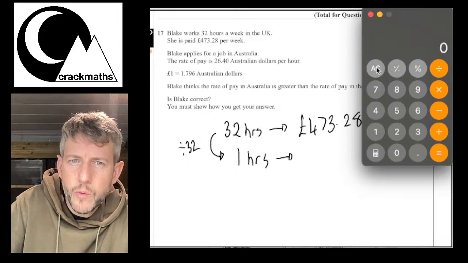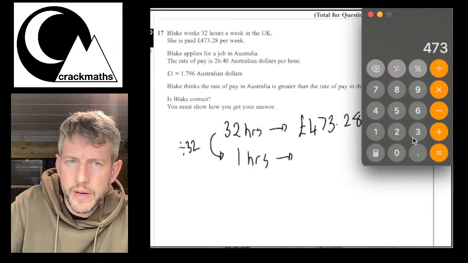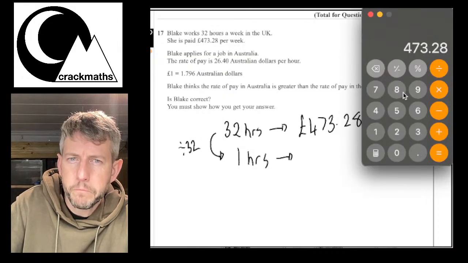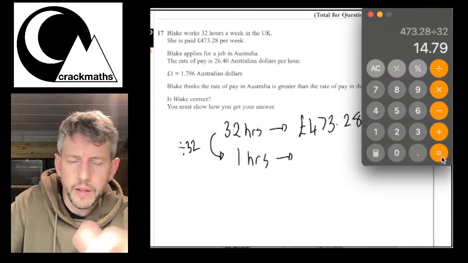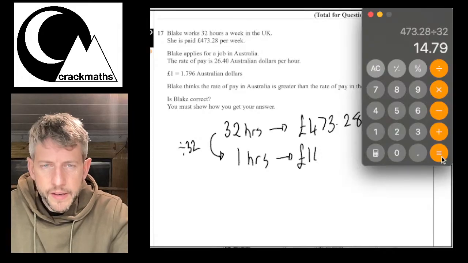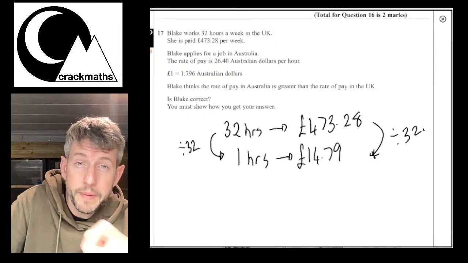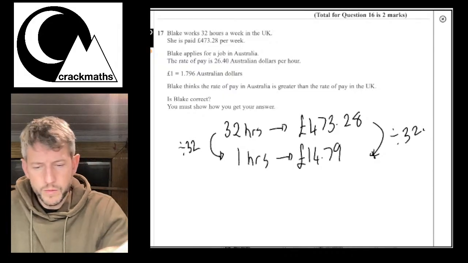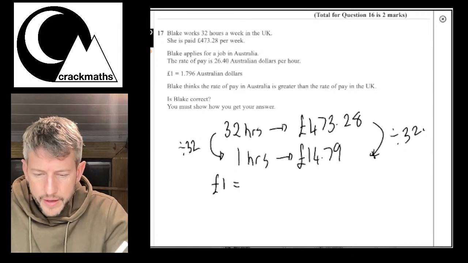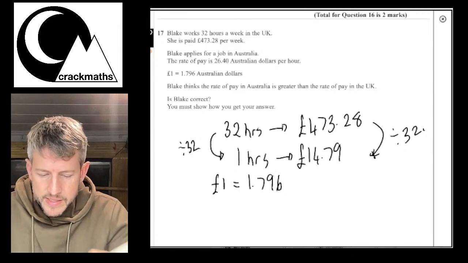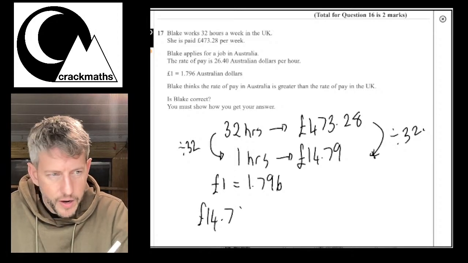Okay, so we have 473.28 divided by 32. So this is 14.79. Blake earns £14.79 per hour. So if we know that £1 equals 1.796 Australian dollars, we need 14.79 pounds.